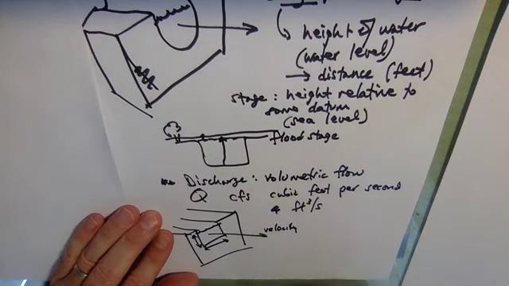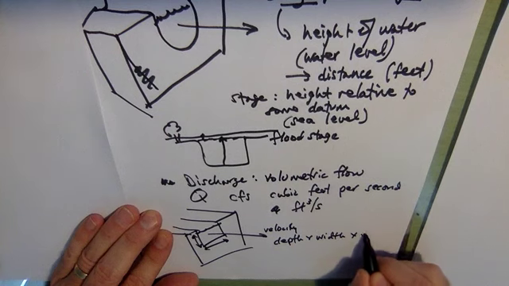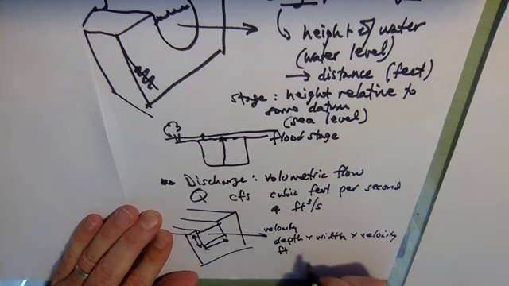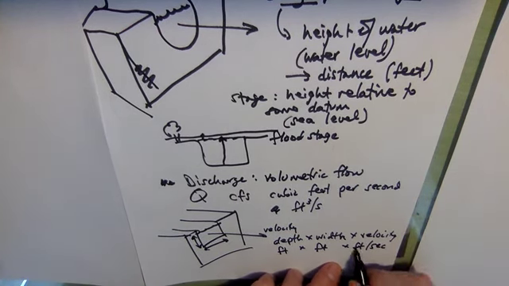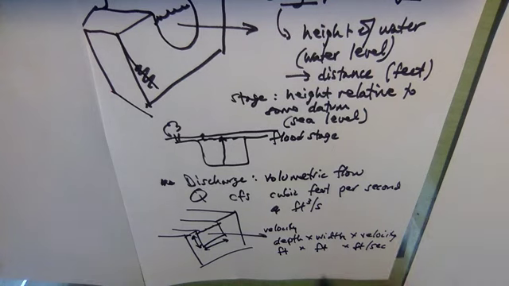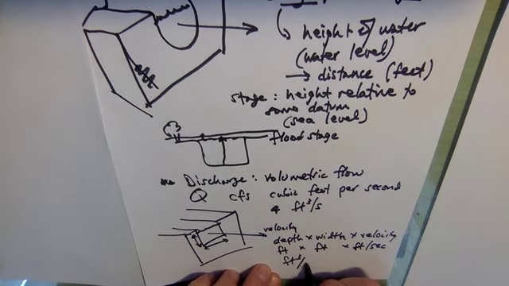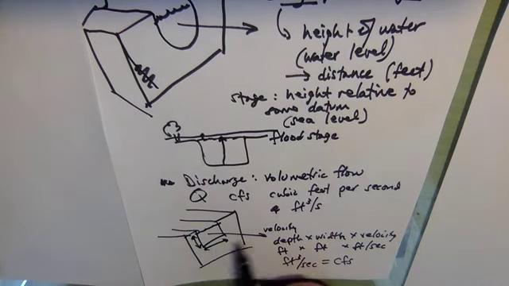How fast is it moving? So what you need to know is depth times width times velocity. And if we look at the units on each one of those, depth is in, say, feet, and the width is in feet, and velocity could be in feet per second, which is analogous to miles per hour when you're driving down the road. So if you multiply feet times feet times feet and divide by second, you get feet cubed per second, which is CFS, right? So it's a pretty straightforward calculation.